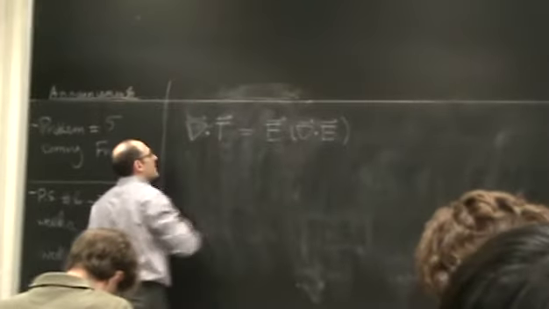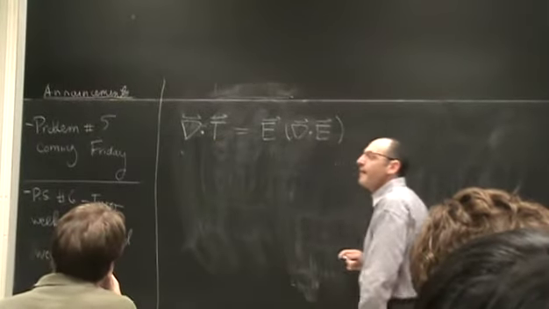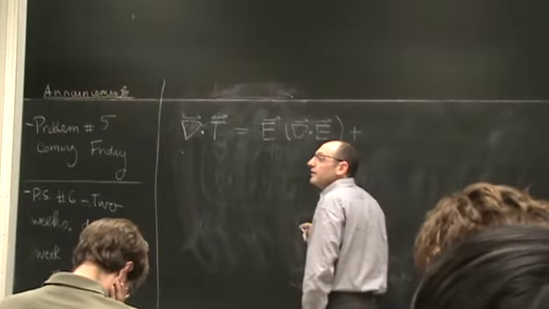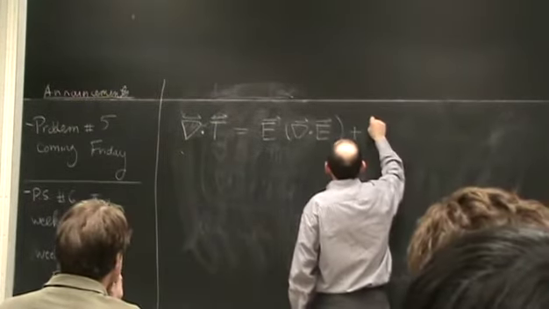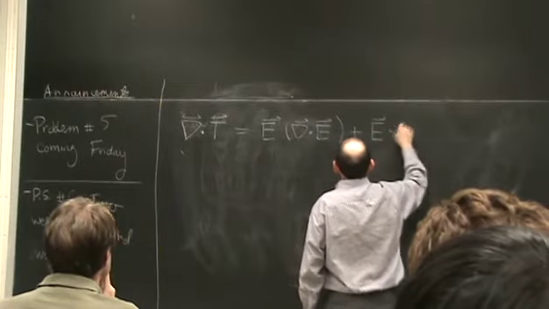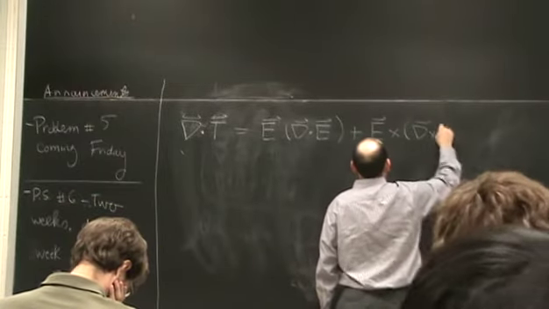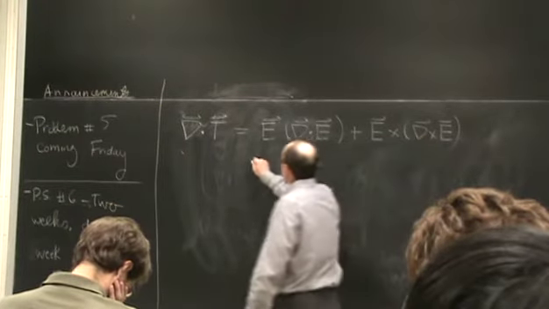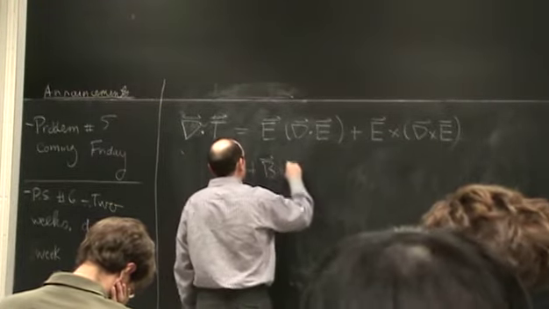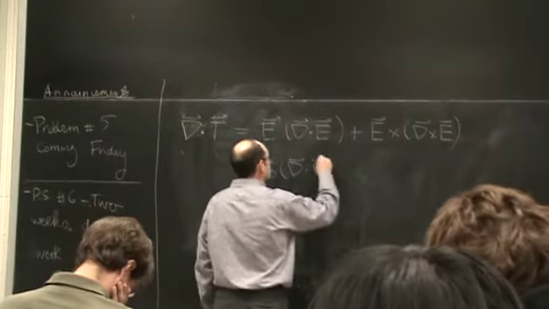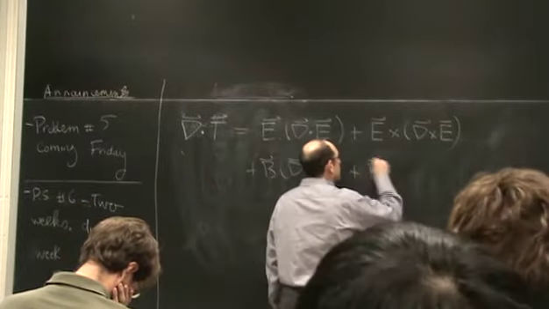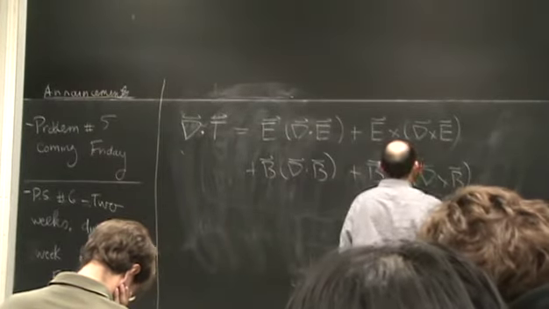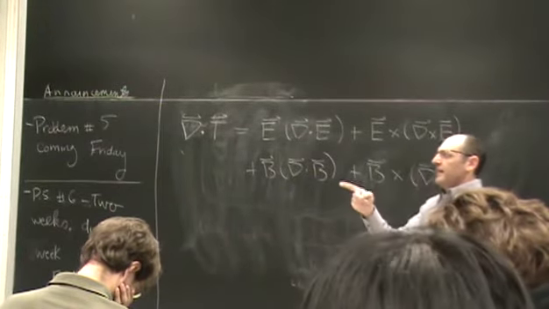Indeed. Okay. Then we're going to have plus E crossed into the curl of E, plus B times the divergence of B, plus B crossed into the curl of B. Let me just check on the signs here.